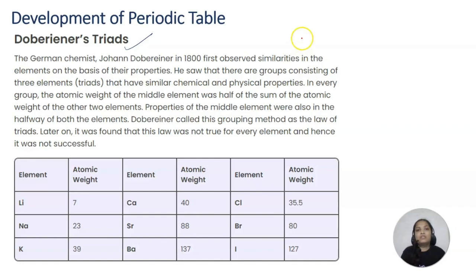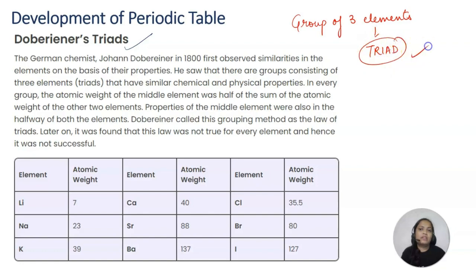So he made a group of three elements, which he called a triad, and in that triad all the elements had similar chemical and physical properties. But the major point was that in every triad the atomic weight of the middle element was the average, or half of the sum, of the atomic weights of the other two elements.